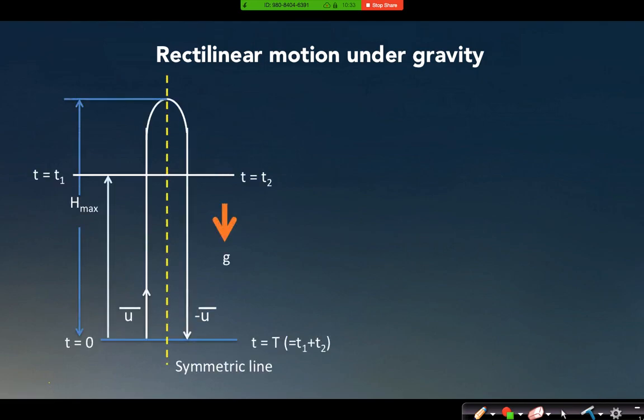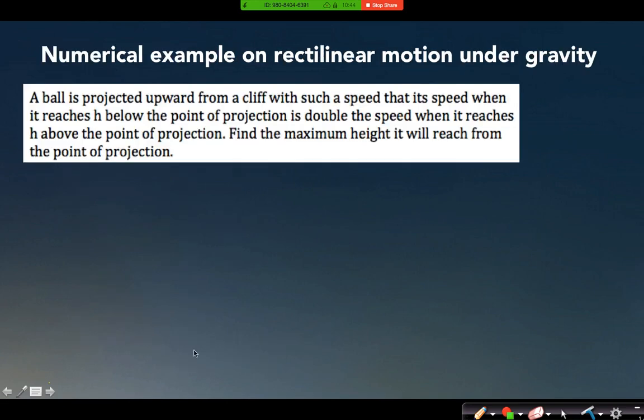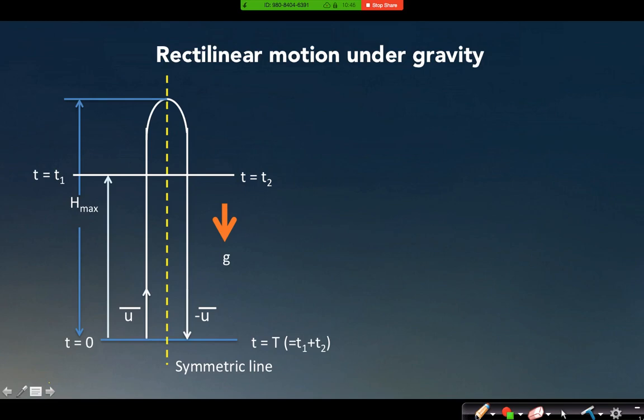This is a schematic diagram I have shown to represent the motion under gravity. What is going on here? You can imagine there is a ball, right? There is a ball, and you throw this ball upward. This ball was initially in your hand.